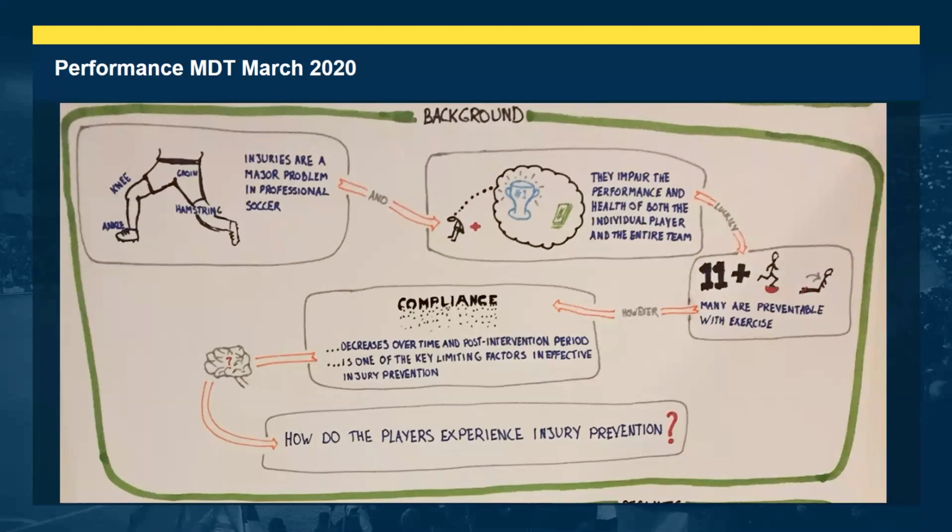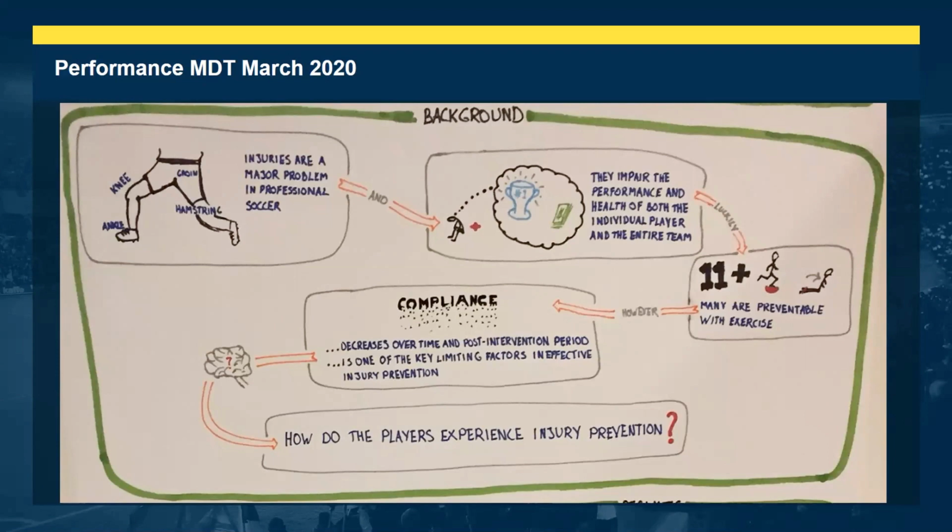A lot of the injuries that we know of are pretty preventable, or at least you're able to do some interventions, some exercises, in order to reduce the risk of injury. But we sometimes see that compliance with these programs can deteriorate over time, especially after a study period.